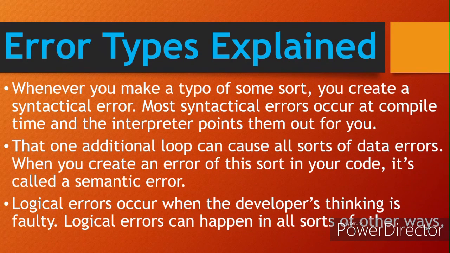Logical errors are quite hard to fix because the problem isn't with the actual code, yet the code itself is incorrectly defined. The thought process that went into creating the code is faulty. Therefore, the developer who created the code is less likely to find it. Smart developers use a second pair of eyes to help spot logical errors.